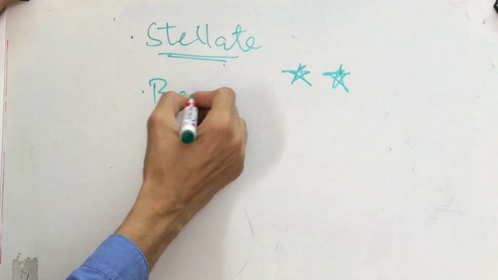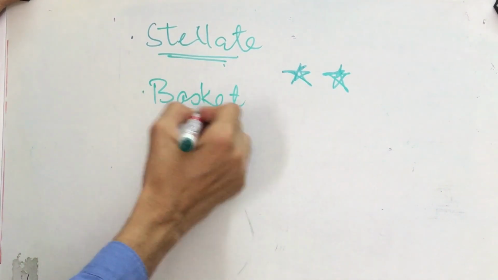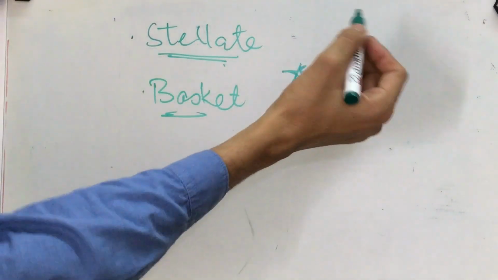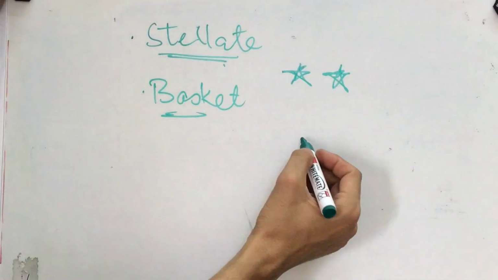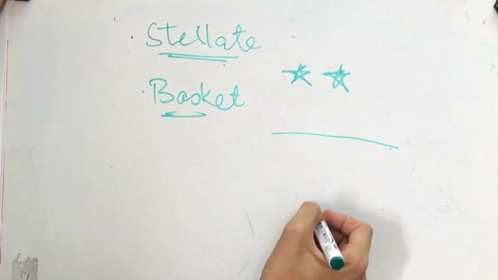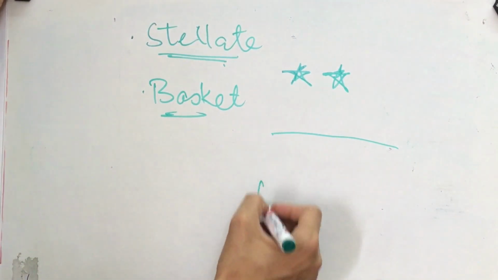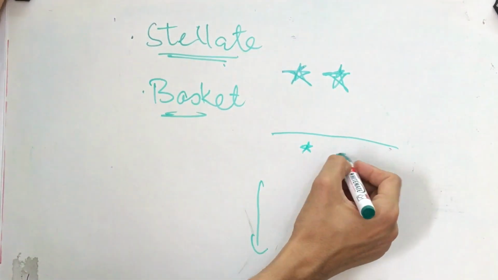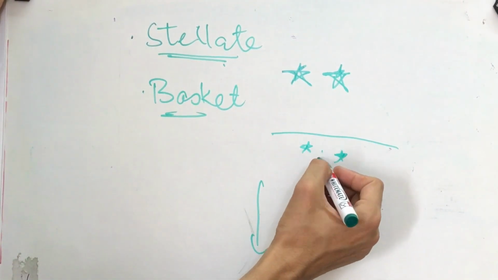Then there is the basket cell. Why has it been given the name basket? Because this is the outermost layer. If I try to draw the diagram, say this is the outer part, going from outward to inward, there are these stellate cells and these basket cells.